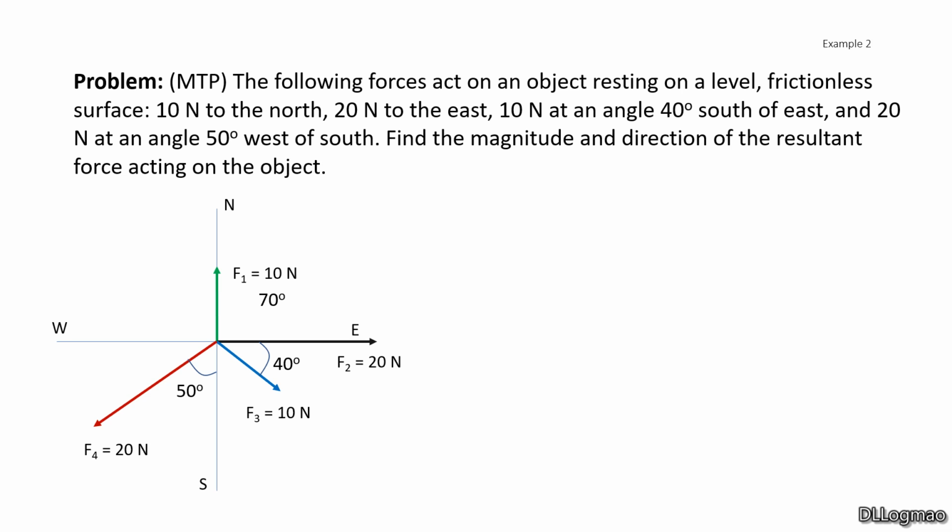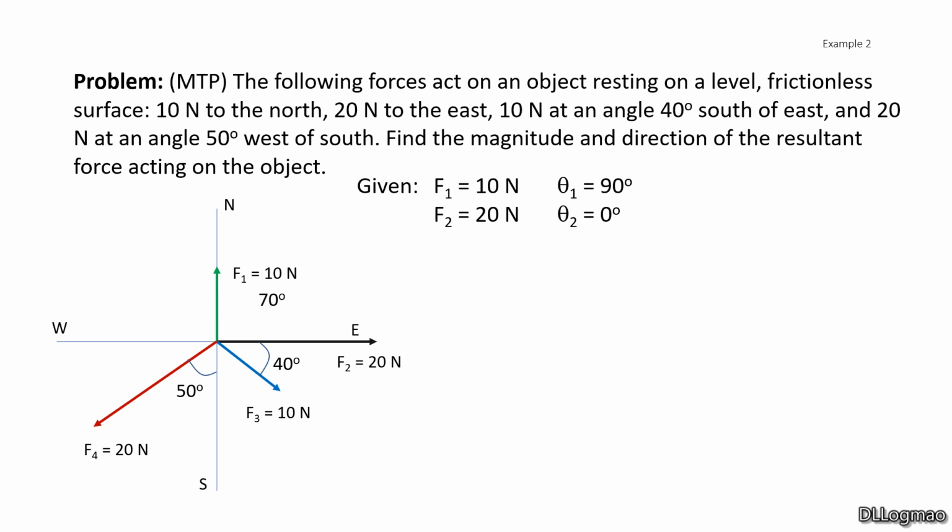These directions must be converted to pure angular direction before continuing with the component method. The given forces with pure angular directions are F sub 1, 10 newtons, direction theta sub 1, 90 degrees.